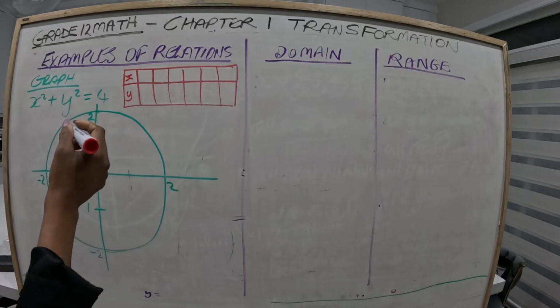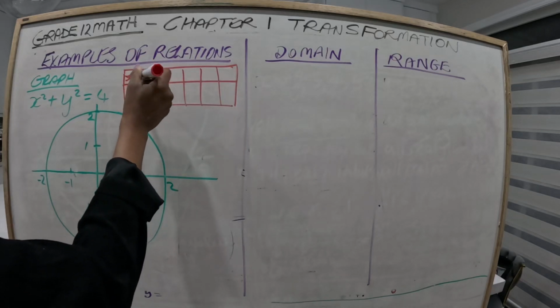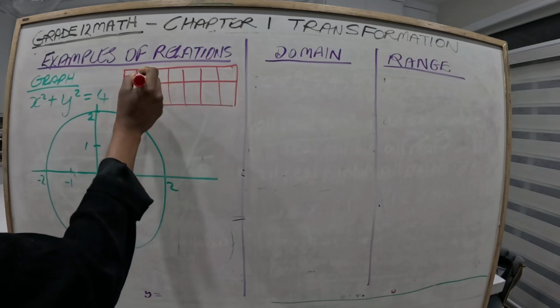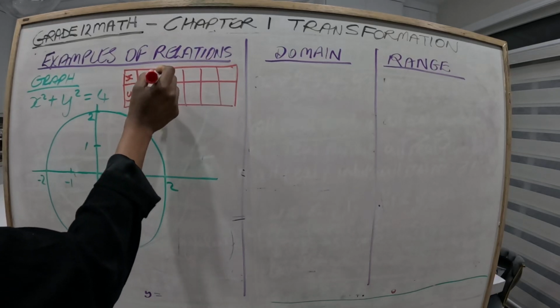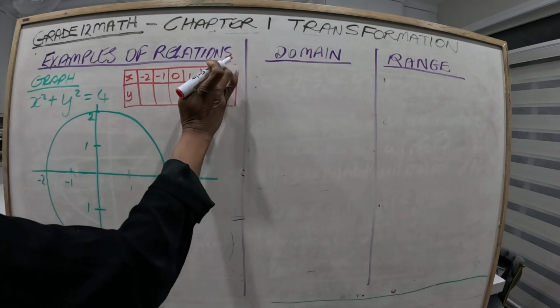So if x is, we're going to put -2, -1, 0, 1, 2. So we won't go any further.